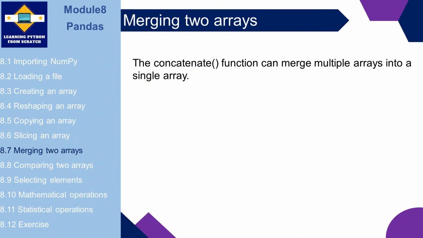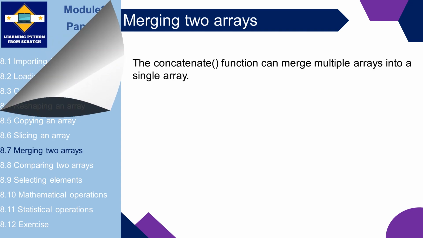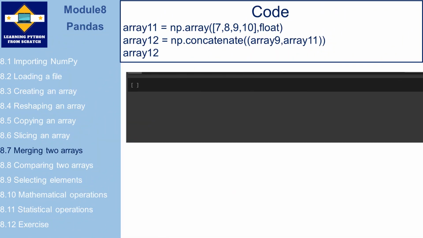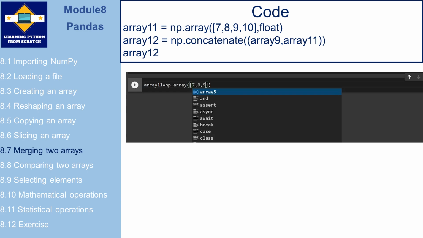The concatenate function can merge multiple arrays into a single array. Let's try to learn how to combine two one-dimensional arrays. First, we type array11 equal numpy.array 7, 8, 9, 10, and they are floating numbers.